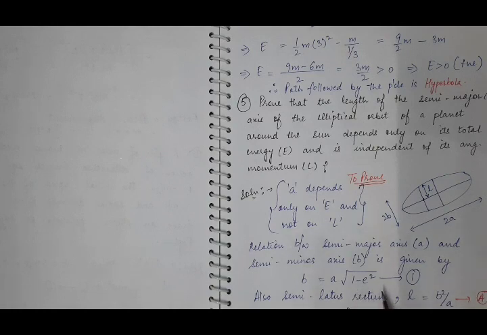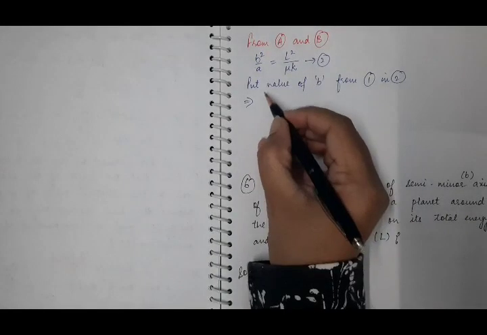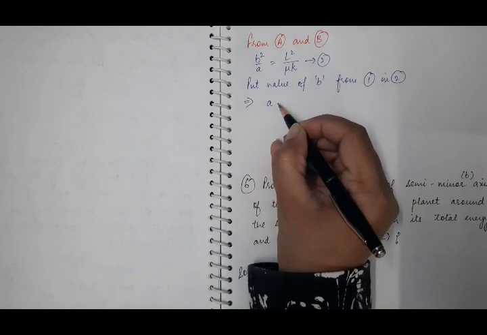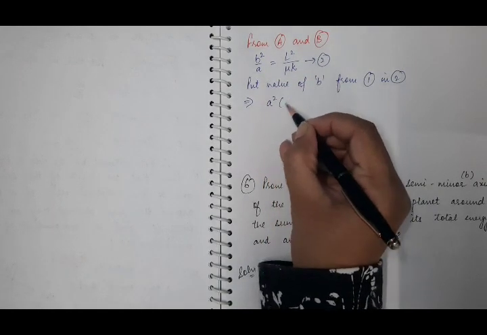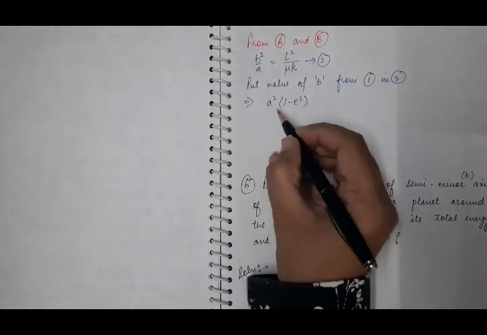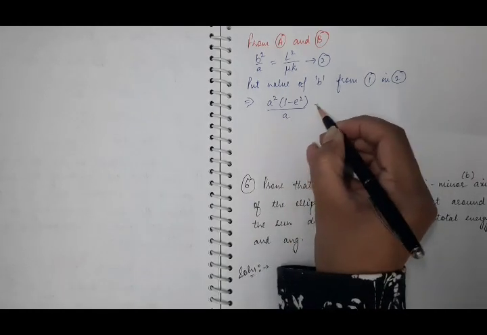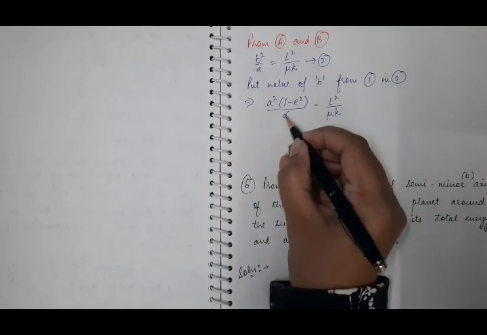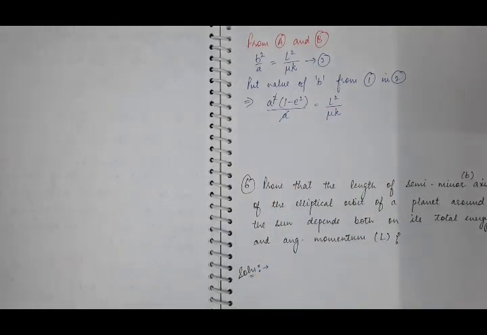Suppose that is equation 2. So put the value of B from equation 1 in equation 2. So this implies B is equal to A root 1 minus E square. So B square will be A square, the root will be cancelled out with the square. So we have A square into 1 minus E square divided by A, it is L square by mu k, and A is cancelled out.